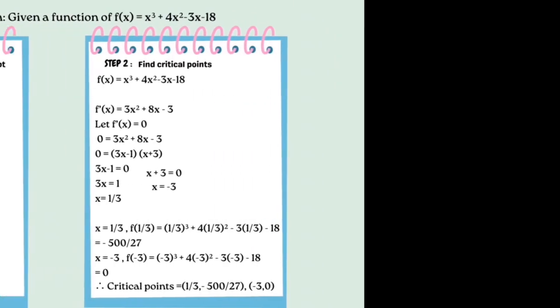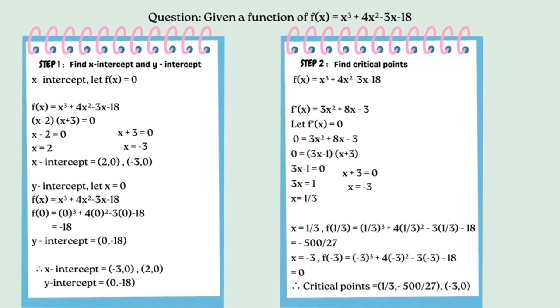The equation given is a function of f(x) equals x cubed plus 4x squared minus 3x minus 18. Step 1. Find the x-intercept and y-intercept. If you want to find the x-intercept, let f(x) equal 0. Substitute and solve it using a calculator. You will get x equals 2 and x equals negative 3.